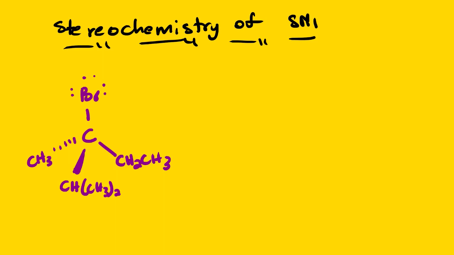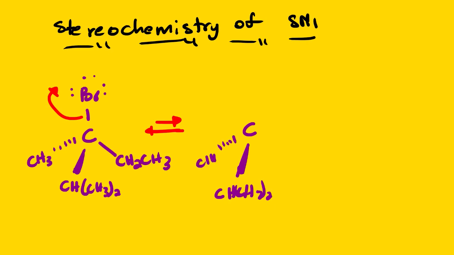And then we know very well the first step will occur, which is the rate limiting step. The leaving group will leave, and then we have CH3, 2 here, CH3 here, then we have CH2, CH3 here.